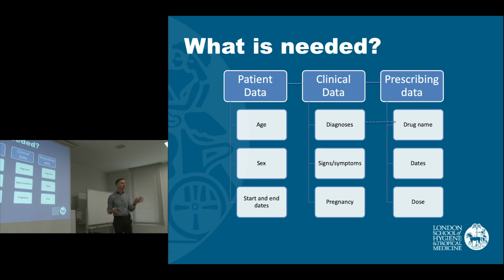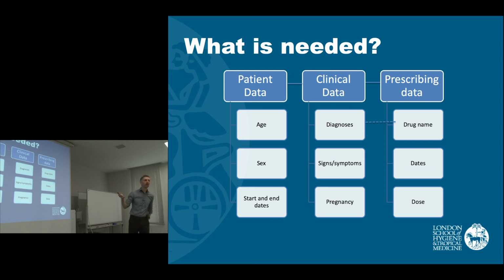So we're not interested in 4-year-old boys or 92-year-old women. We want to know about women of childbearing potential, so we need these demographic bits of information. We also need to know within our data, when did people enter the database and when do they leave the database? So in other words, a defined observation period over which we can find out what happened to these patients. So that's your patient data.